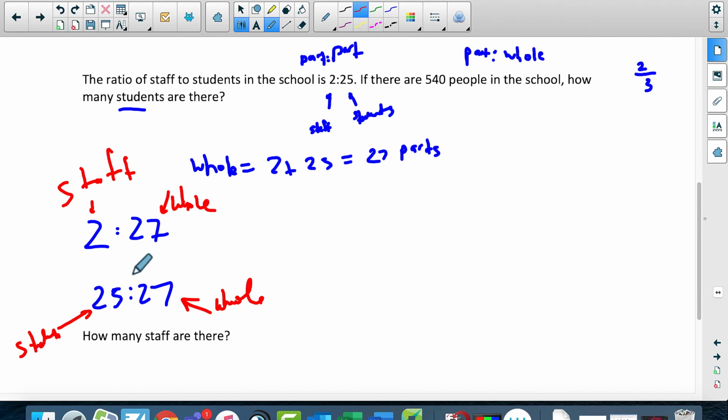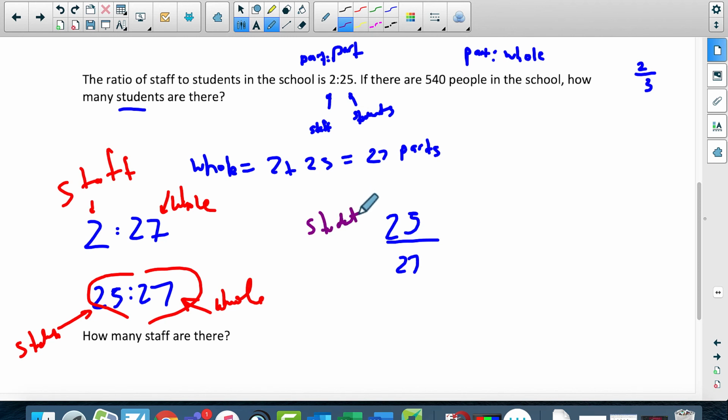Oh, why don't we go with this bottom one where it talks about students? Make this your first ratio right there. And why don't we write it as a fraction? So 25 over 27. And again, what this is referring to is students on top, and the whole on the bottom. And then we have one more number in the question, which is 540.